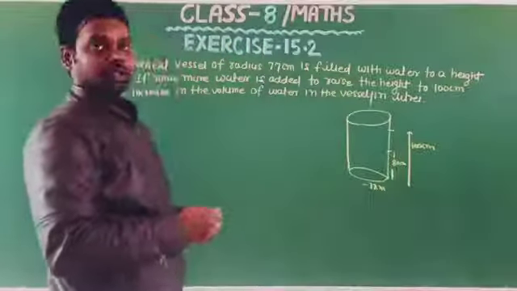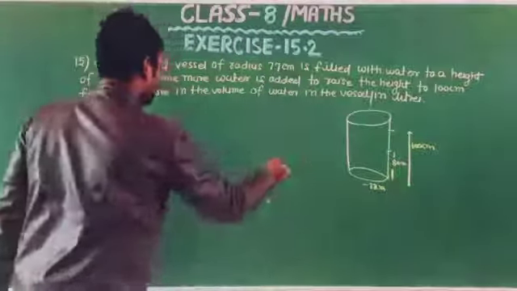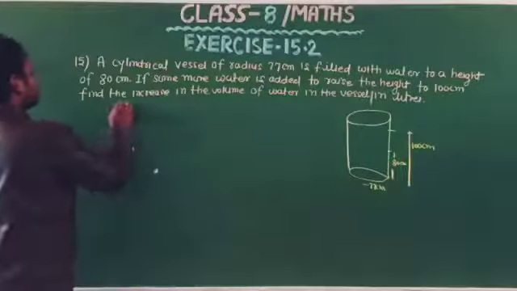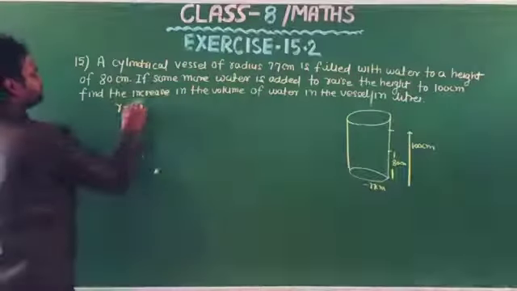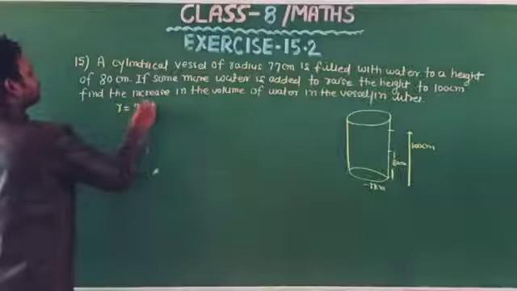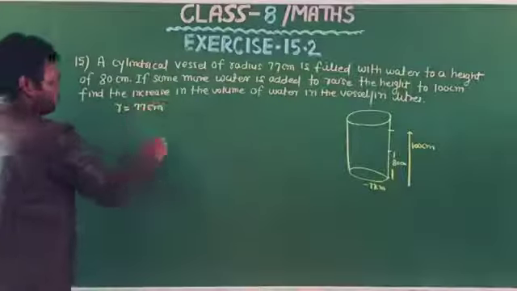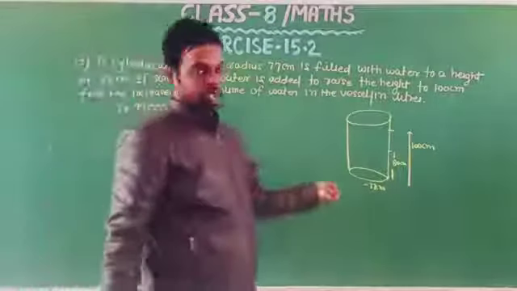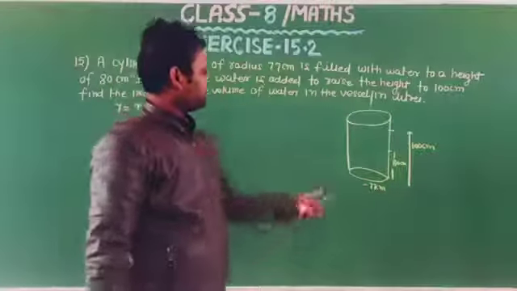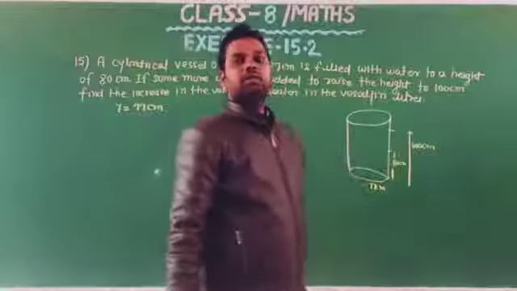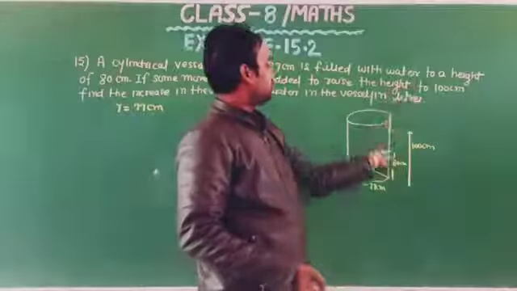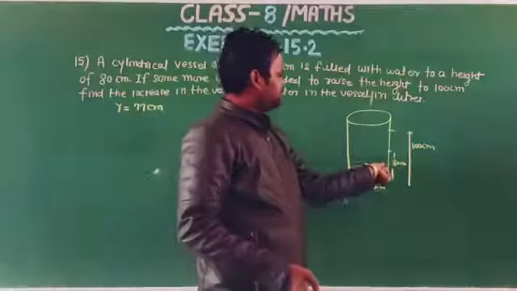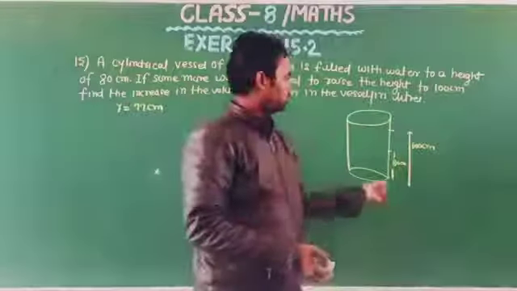Here radius R is given, which is equal to 77 centimeter. Suppose this is the radius of the cylindrical vessel, and these are two different heights.